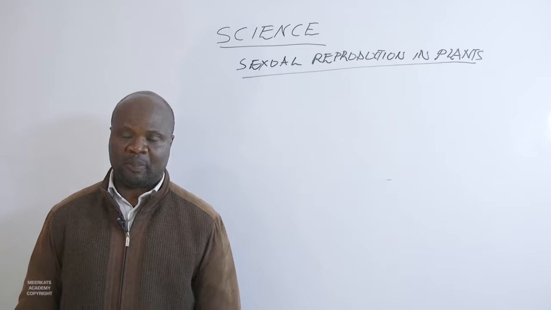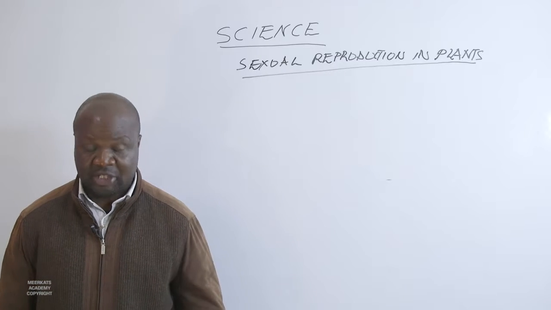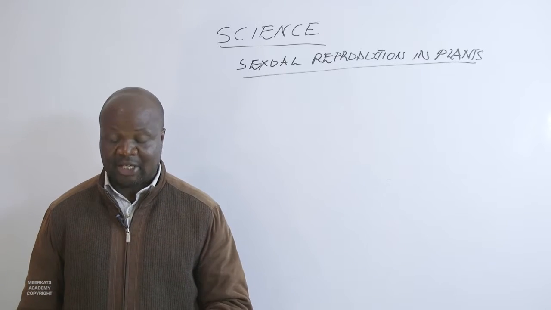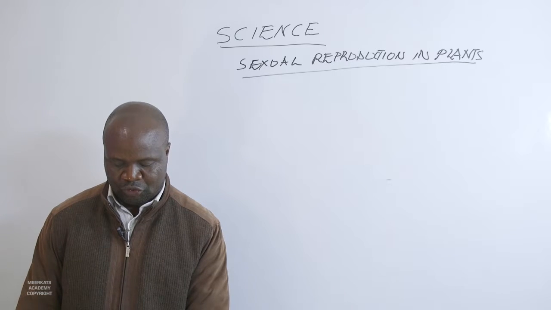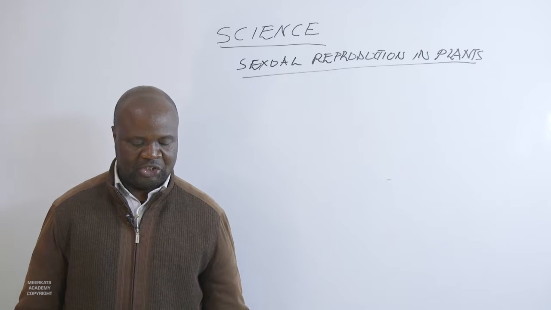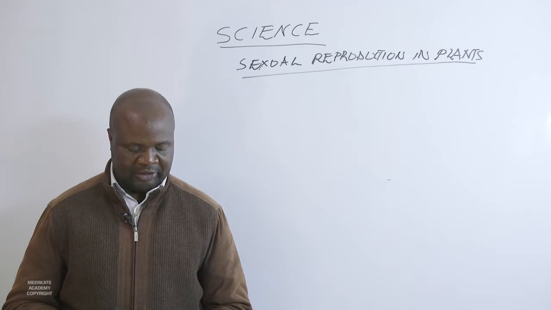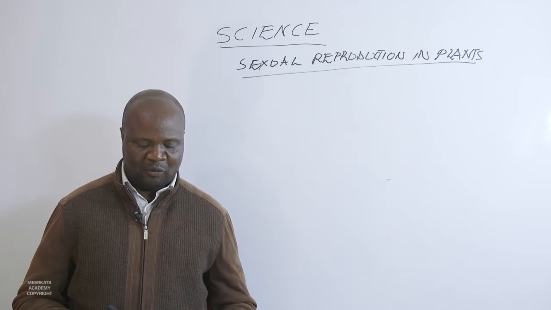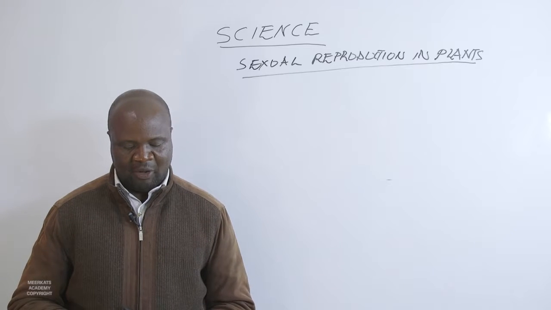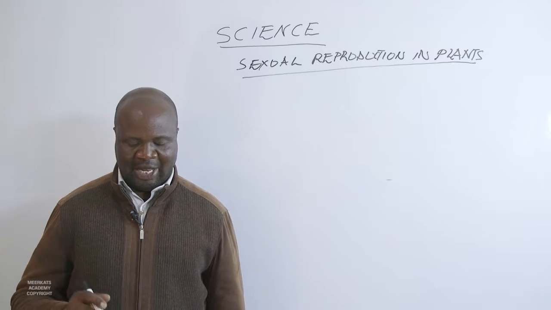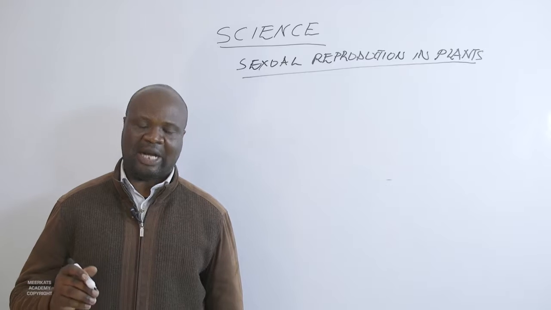So there are two types of pollination: self-pollination, and cross-pollination, which is the transfer of pollen grains from the anthers of one flower to the stigma of another flower on another plant of the same kind.